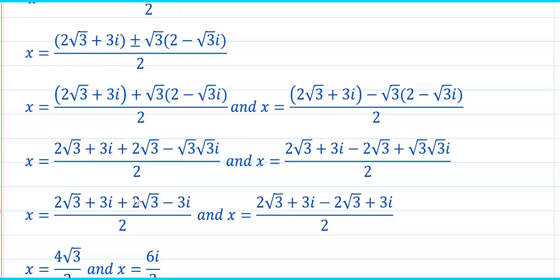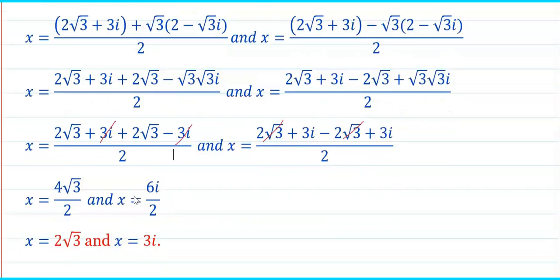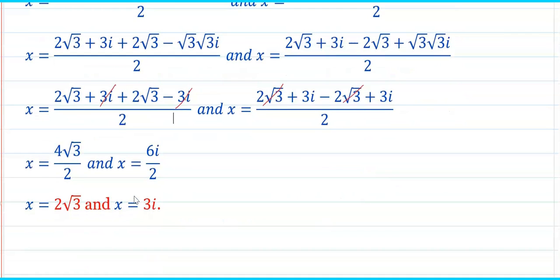Next, here 2 root 3 plus and minus get cancelled, and plus 3i minus 3i get cancelled. 2 root 3 plus 2 root 3 you will get 4 root 3 upon 2. Again simplifying, 2 ones are 2 and 2 twos are 4. Therefore you will get x is equal to 2 root 3, and here 3i plus 3i you will get 6i upon 2.